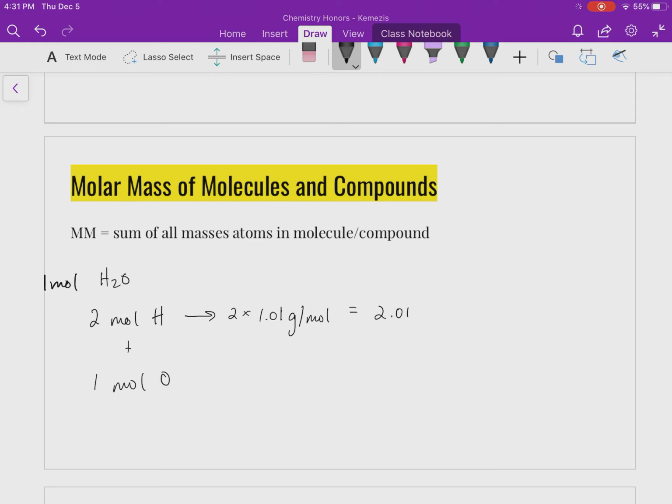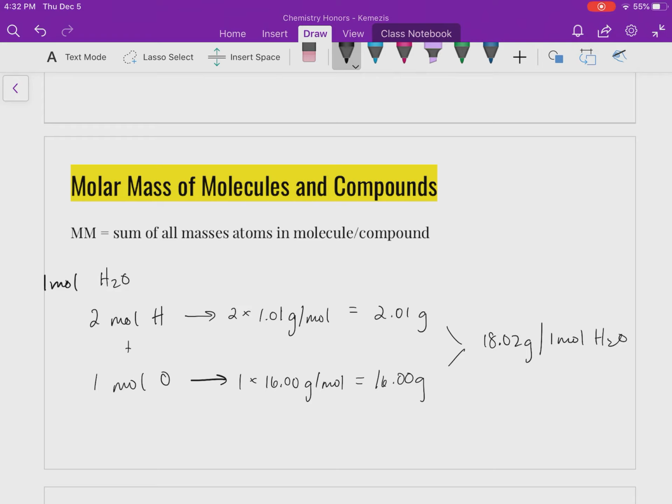That means we have 2.01 grams of hydrogen, and then we have 1 mole of oxygen, which is 16 grams per mole, so 16.00 grams. The molar mass here would be 18.02 grams per 1 mole of water.